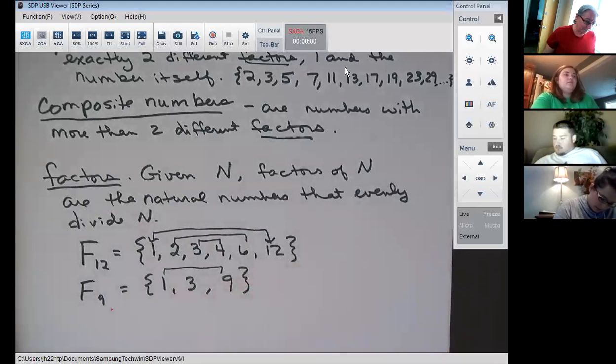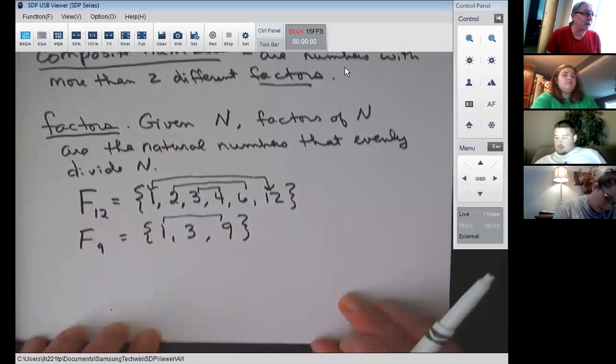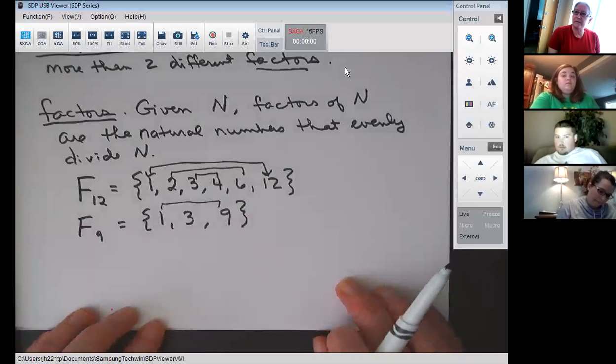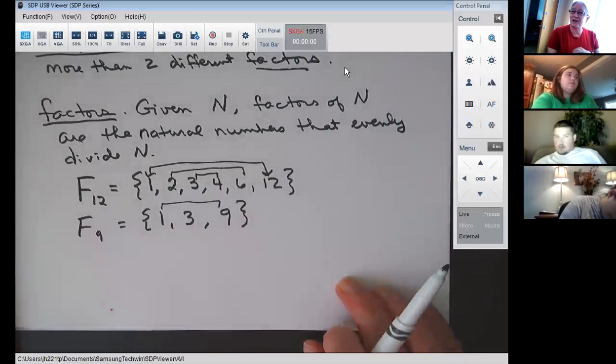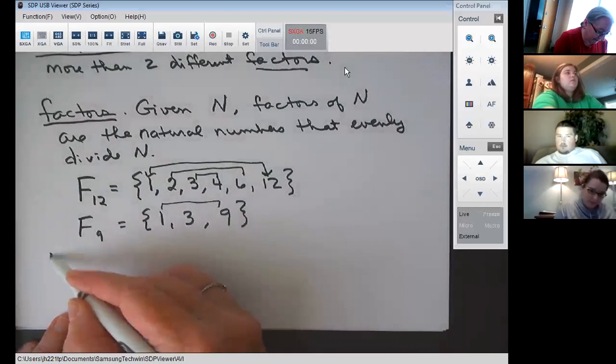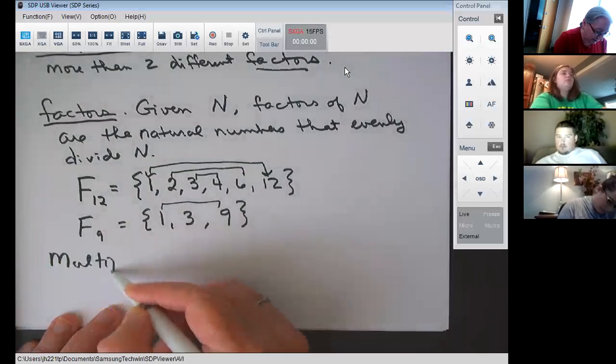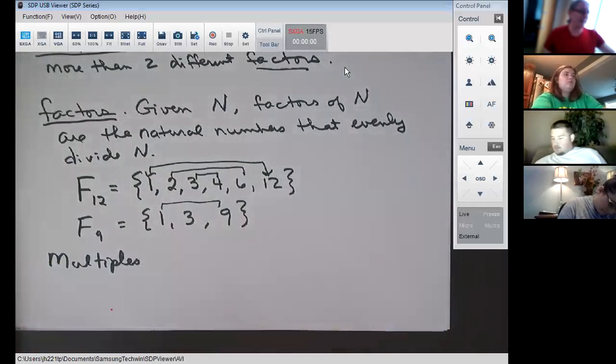All right. Some of you, I think, when we did the first quiz, confused factors with multiples. I asked you for a list of multiples of 2 or 3 or something like that on the quiz, and you gave me a list of the factors. Okay, so you were giving me this list, but I wanted the list of multiples. And multiples are sort of the flip side of factors.